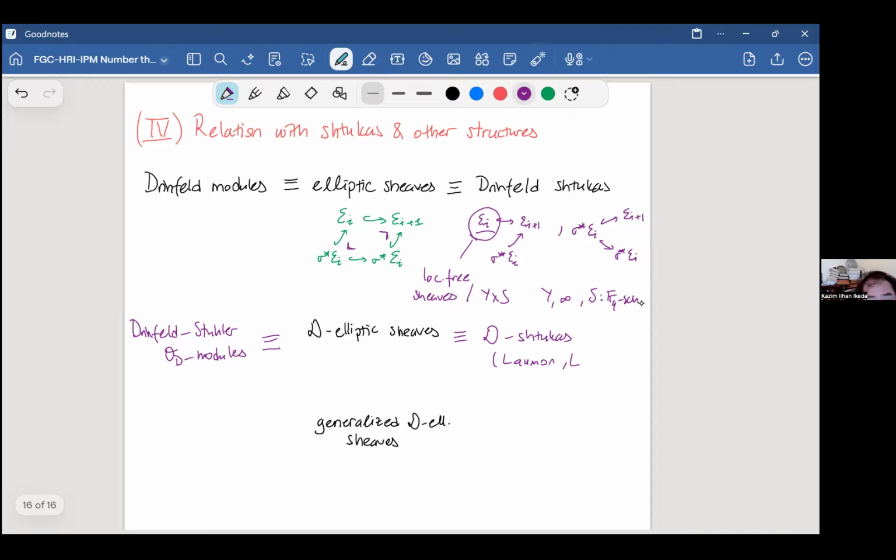I see. Also local shtukas? Because you mentioned that Scholze tried to define shtukas for Q_p, right? Did he use there the local version of Drinfeld shtukas? Maybe he used this tilting correspondence from characteristic p to characteristic 0.